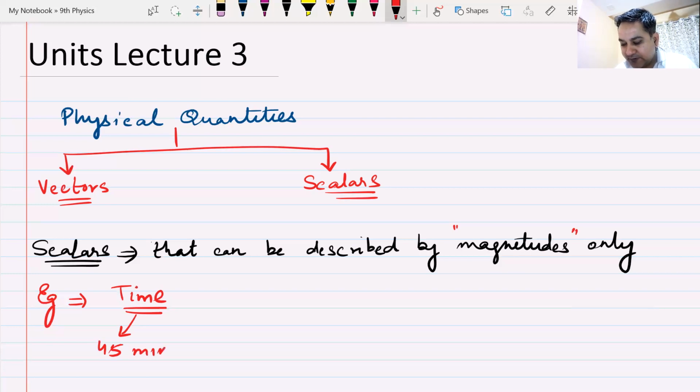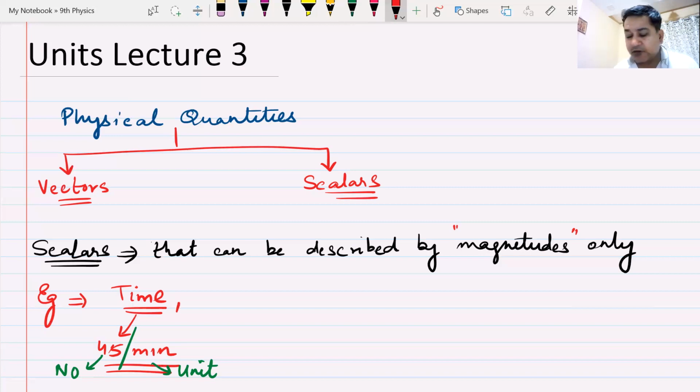This 45 minutes is basically the magnitude of time. This can be broken up into two parts. 45 is the number and this is the unit. So to describe this time, we only need the magnitude. Magnitude means we need a number and a unit, and we can simply describe this quantity by its magnitude.